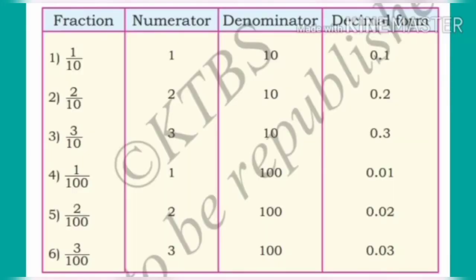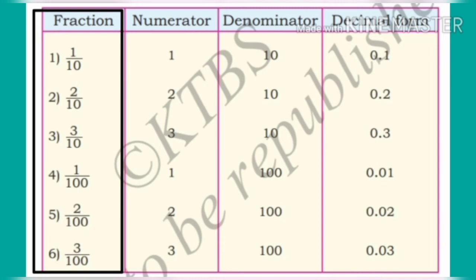Here also 10 equal parts are there and 3 parts are shaded. So in fraction form we write 3 by 10. 3 by 10 is written in decimal as 0.3.